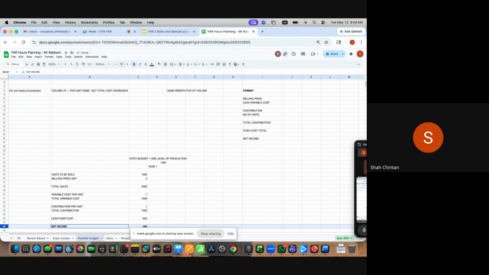Now, this was a budget which was prepared at the beginning of the year. Now, let's say the company actually ends up selling 975 units only. So this is your budget, and now your actuals were 975. In older days, you had no concept of flexible budgeting. So what used to happen is that you used to prepare the budget again.